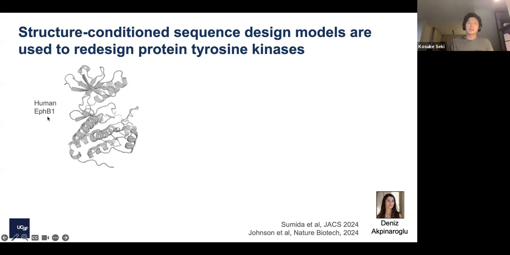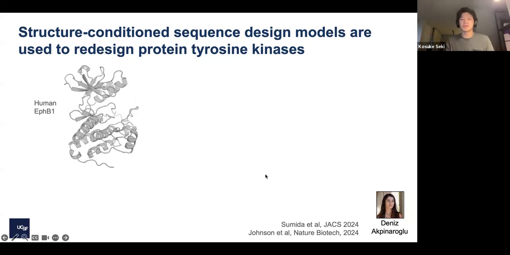This is a really important tyrosine kinase that facilitates cell-to-cell signaling and communication. The structure of this protein has already been solved, so we can take the structure and use these types of models to design sequences that we can test. The approach to do this was published in a recent paper from David Baker's lab.